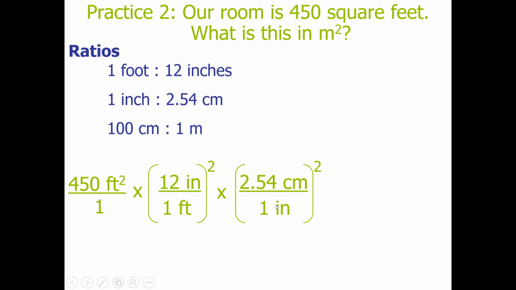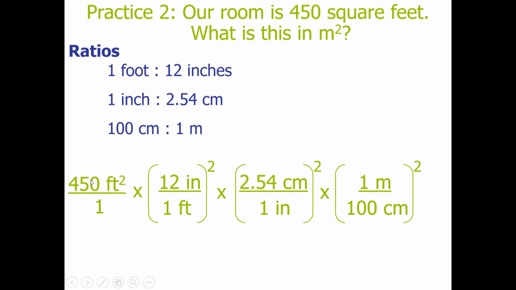Square inches cancel out with my square inches. And finally, I need my centimeters squared to cancel out as well. There's my centimeter to meter conversion, and this will tell me that this now represents centimeters squared and meters squared. So now I can go ahead and calculate this in my calculator, but I want to be extra careful about what I'm typing in.